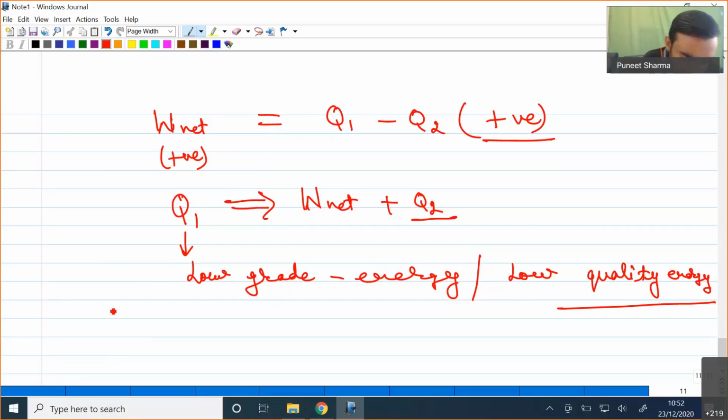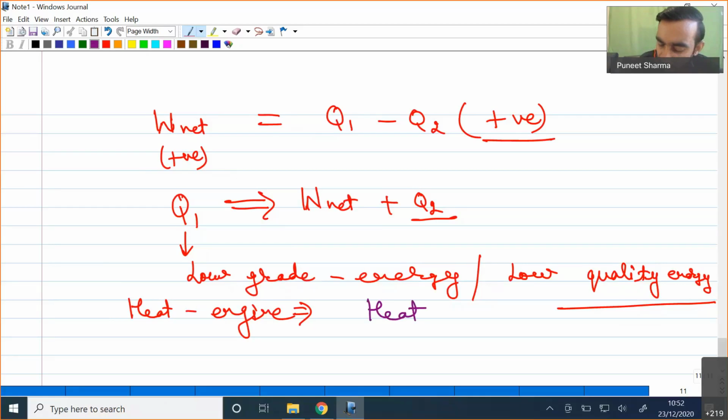Now, a heat engine is a device which converts heat into work. While we are converting heat into work, we call that device a heat engine.